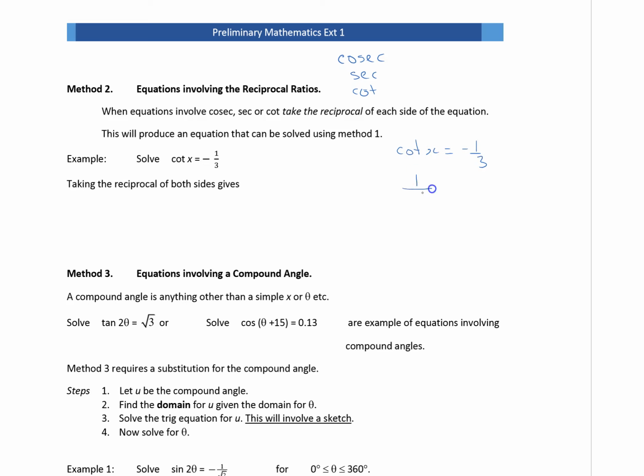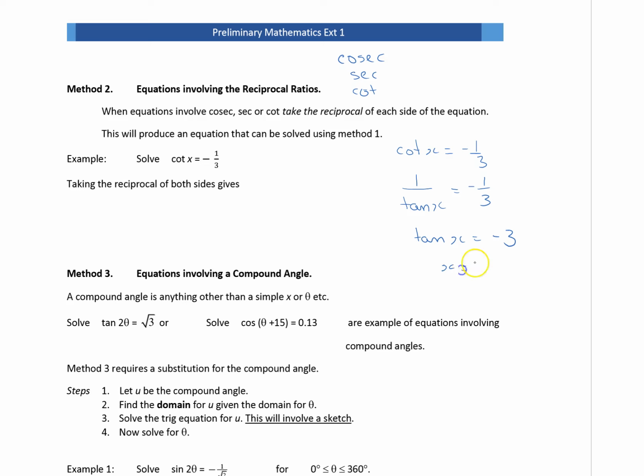Cot is 1 on tan of x, and you can put that line in if you like, because cot is just straight replaced with 1 on tan. Now you take the reciprocal, turn each side upside down, and you get that tan of x is negative 3.